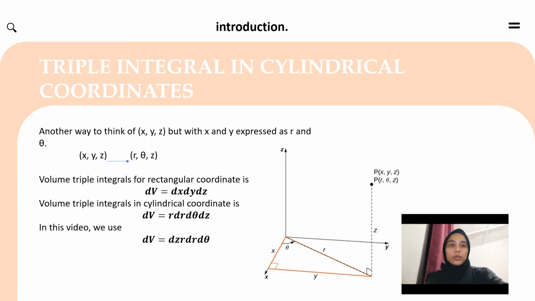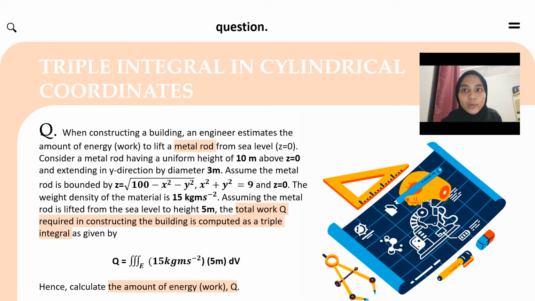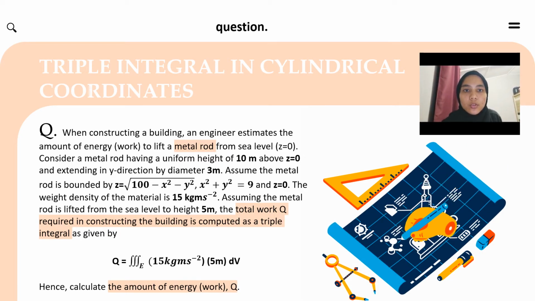In this video, we're going to do this in the order dz, dr, d theta. So we prefer to do our z component first in the triple integral. So this is the question that we choose for triple integrals in cylindrical coordinates.